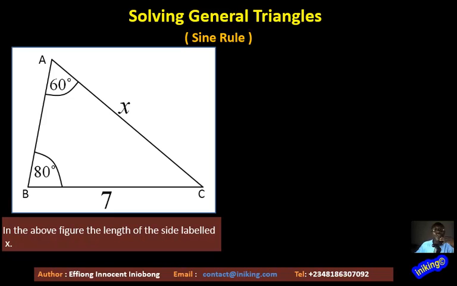For the sine rule, if I'm looking for x, I obviously have to establish the ratio of x over the sine of the angle facing that side called x, which is 80 in this case, then equal to another ratio. In this case, I must know both the numerator and the denominator.